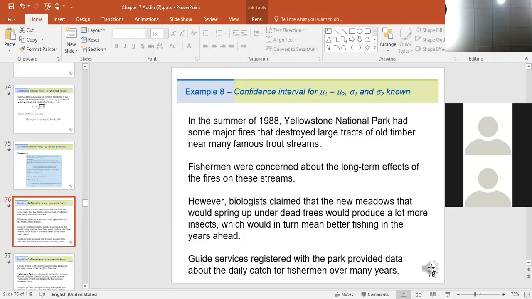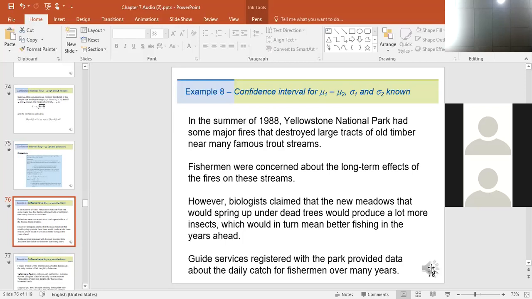Fishermen were concerned about the long-term effect of the fires on these streams. However, biologists claim that the new meadows that would spring up under dead trees would produce a lot more insects, which would in turn mean better fishing in the years ahead. Guide services registered with the park provided data about the daily catch for fishermen over many years.